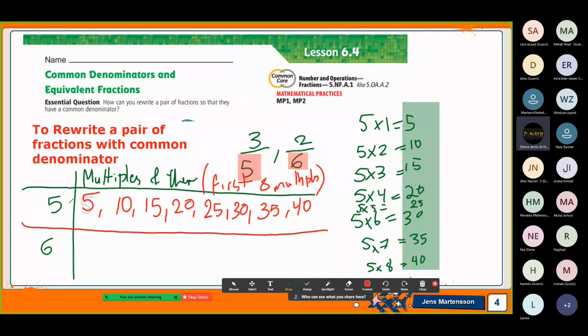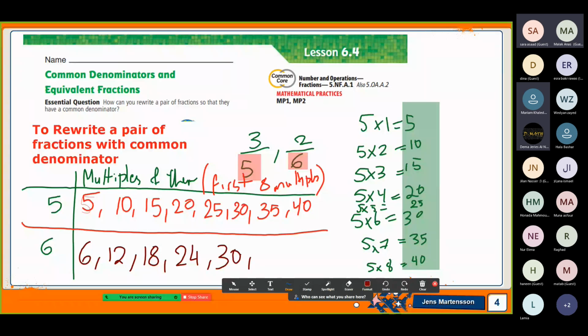Now then, I will do the same steps for 6. What are the multiples of 6? 6 times 1? 6. 6 times 2? 12. 6 times 3? 18. 6 times 4? 24. 6 times 5? 30. 6 times 6? 36. 6 times 7? 42.